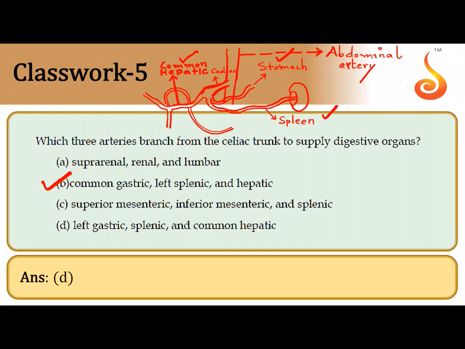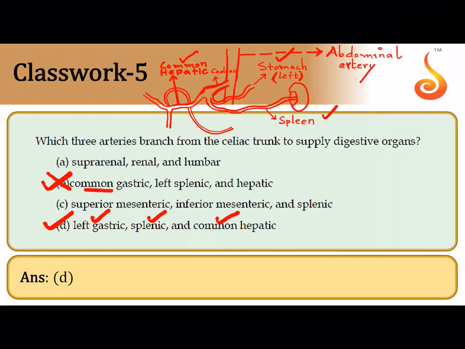I'm very sorry, here is the correct answer: left gastric, because the stomach is on the left side, then splenic, and just now I mentioned common hepatic. So please make this correction. The correct answer is left gastric, not common gastric. It is left because, as you can see in the diagram I have shown, the stomach is on the left side of the body.